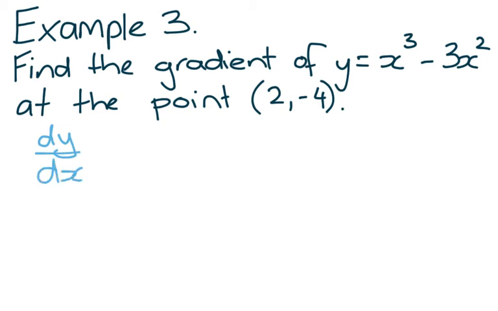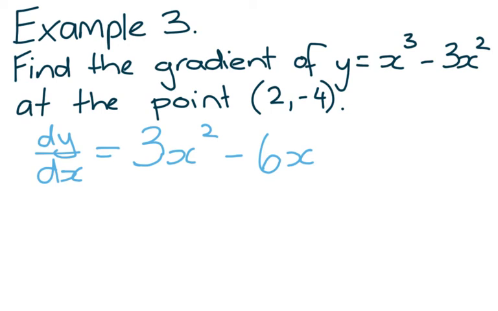So we do dy by dx equals 3 times the coefficient of 1, so we end up with 3x squared, take 6x as our derivative. Now, if we have this as our gradient function, when we're trying to find the gradient at the point, you'll notice that the y-coordinate that we're given is actually irrelevant because there is no y value in this gradient function.